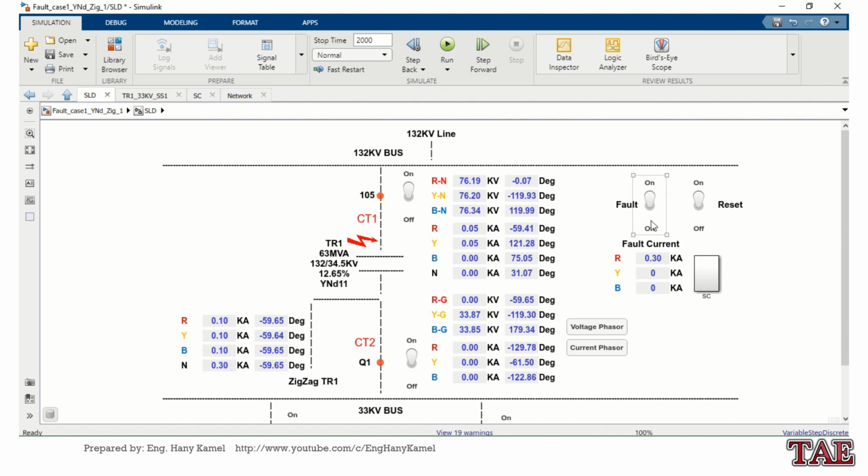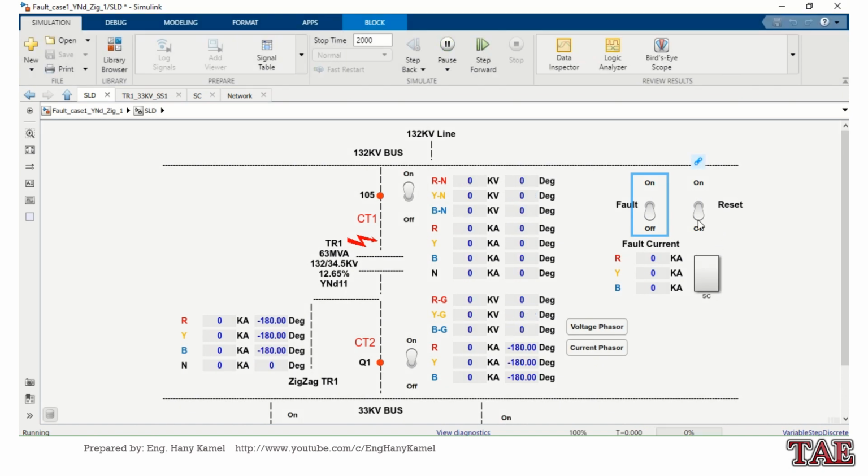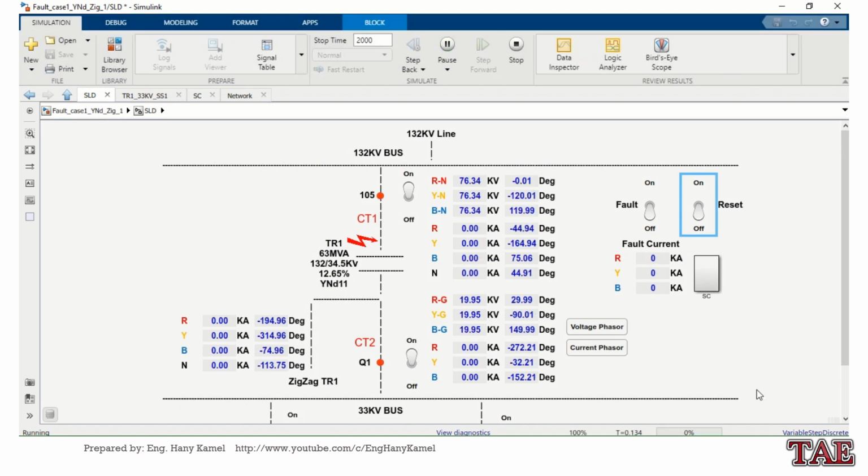I will start with normal condition. Can remove force reset. Now our system is normal. If we apply fault, it will trip. Again, we will keep force reset to see what will happen.